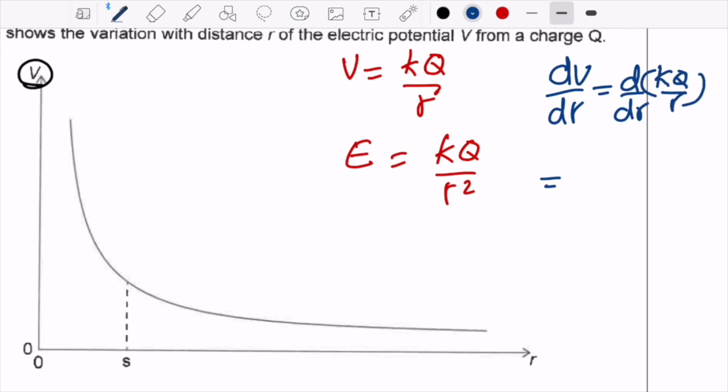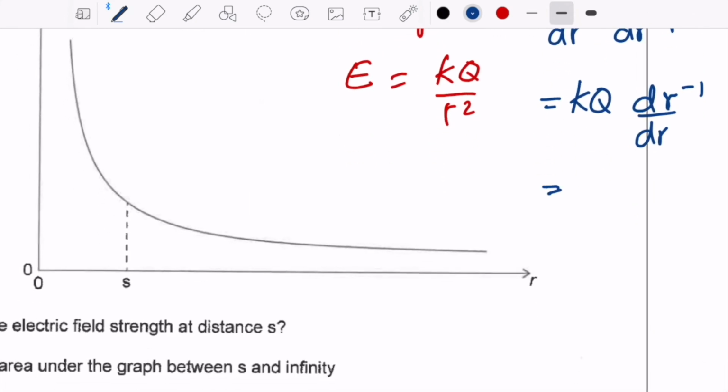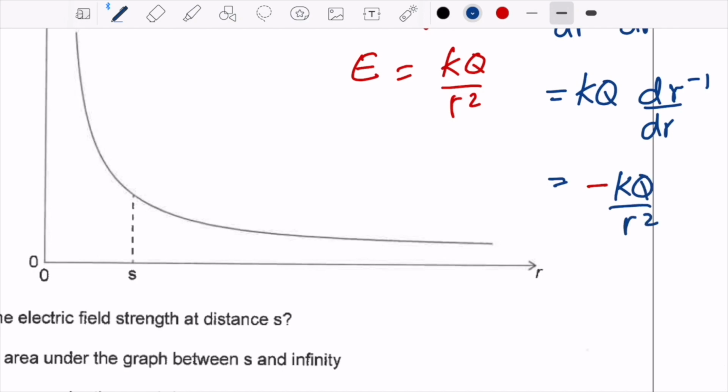I will take k and Q out because they are constants. d over dr, r to the power minus 1, so this ends up as minus kQ over r squared, because this minus 1 comes to the front, right?